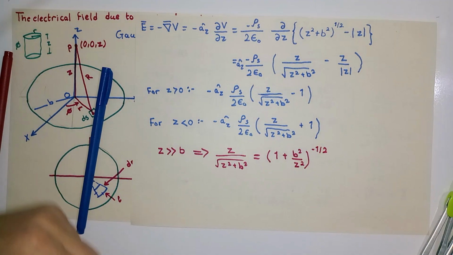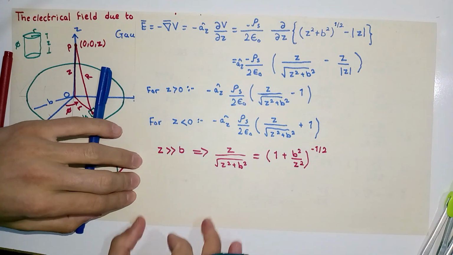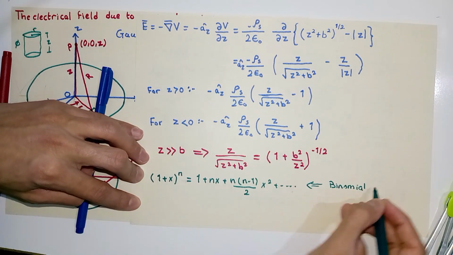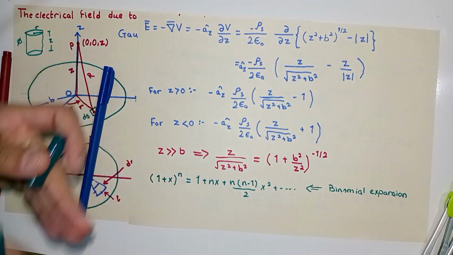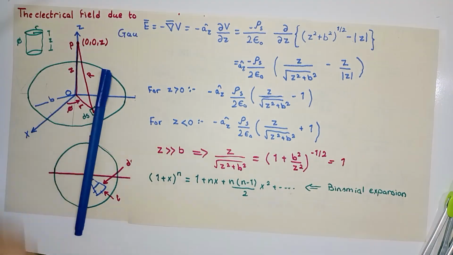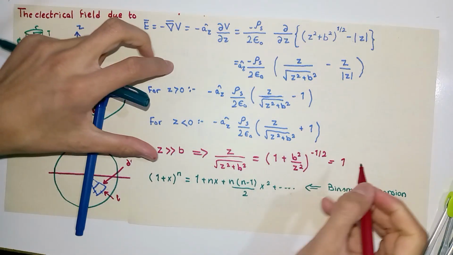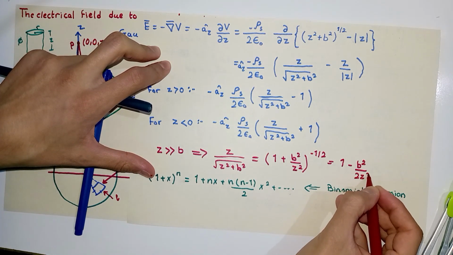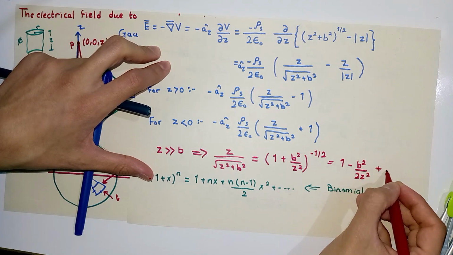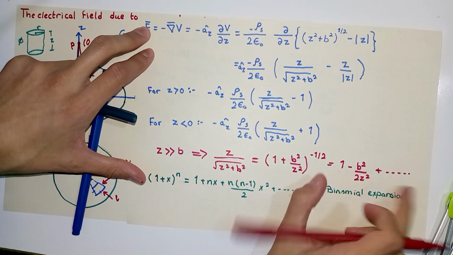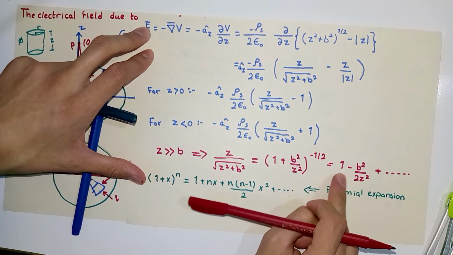If you don't know what the binomial expansion is, I'm going to remind you by writing the equation of the binomial expansion down there. Now let's apply it. In this equation, the second term and the higher order terms are significantly small when we compare them to the first term.